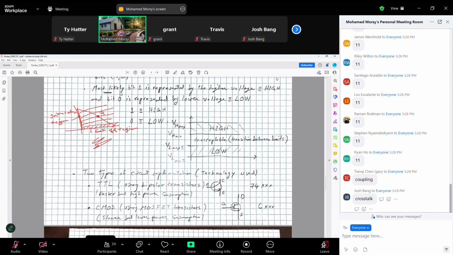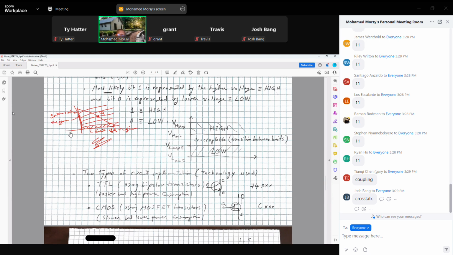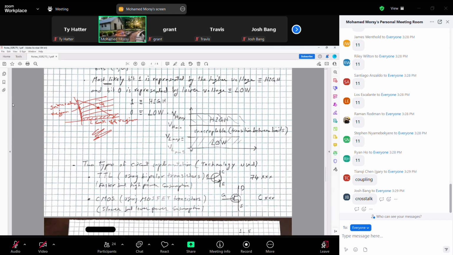So if you follow with me, you can read what I write. This region here is the active region, where if the operating point of the transistor lies in this region, it works as an amplifier or analog.